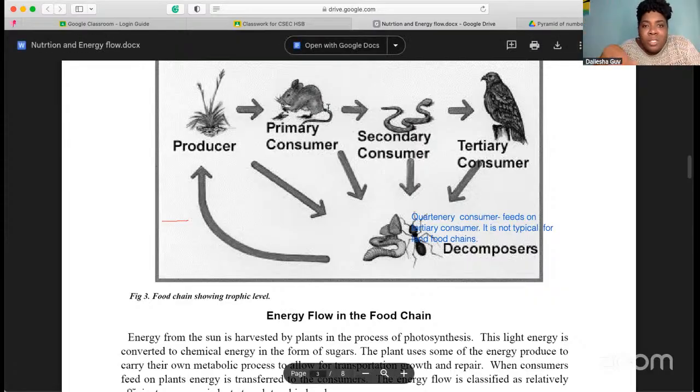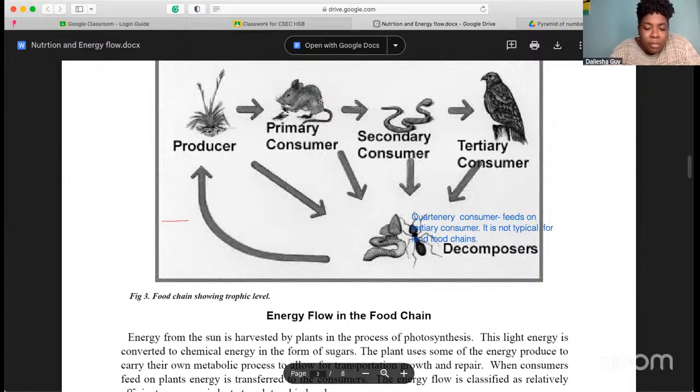This is not a mouse, this is a shrew, S-H-R-E-W, and the shrew can die. When the shrew dies, it breaks down and releases nutrients from the organism back into the ecosystem. So please note that the decomposers are releasers.